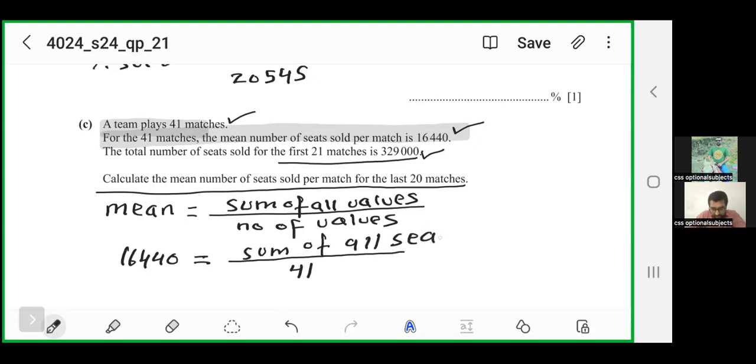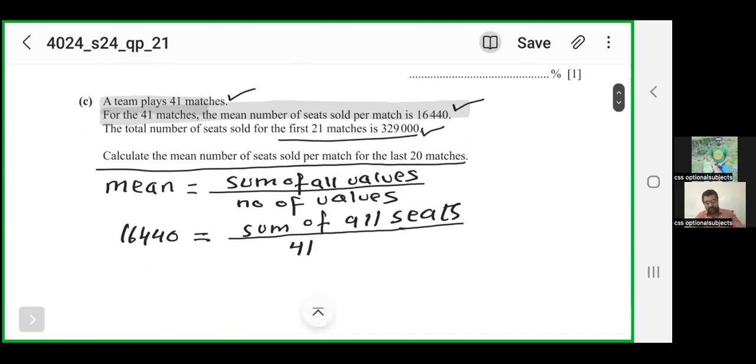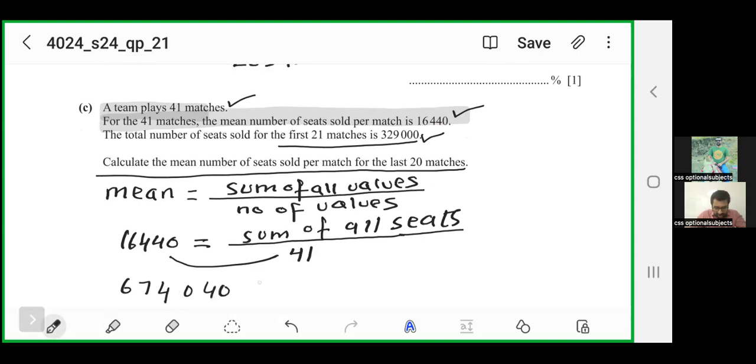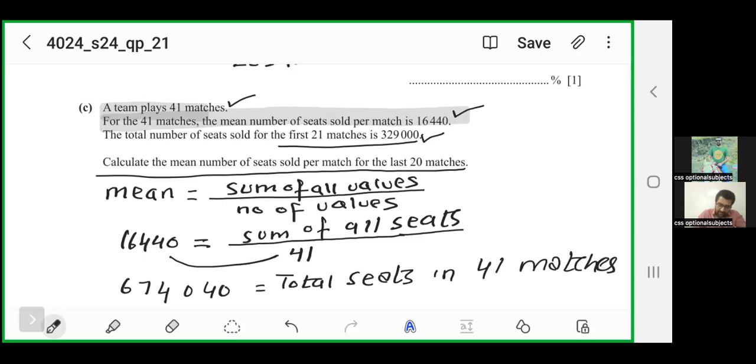If we have 41 matches, how many seats were there? I can get the total number of seats by multiplying 16,440 by 41. The total number of seats is 674,040. These are the total number of seats sold in 41 matches.